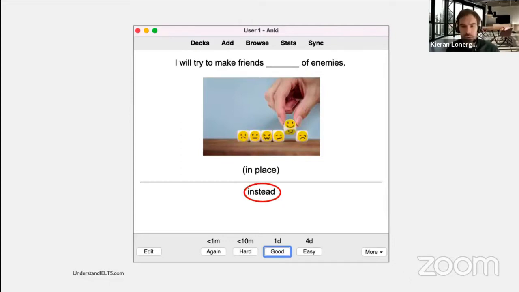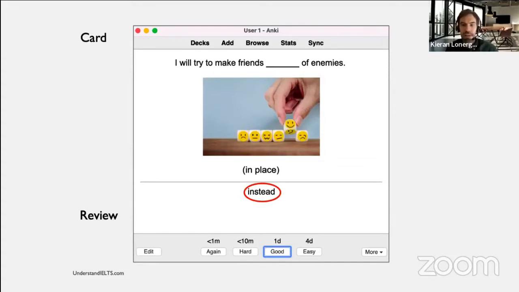So that's basically what a flashcard looks like. Each of these is a card, and every time I test myself with a card, this is called a review. So I've just reviewed 2 flashcards. One to memorize interested in, and the other to memorize the word instead.